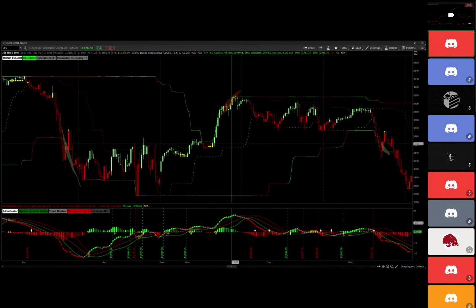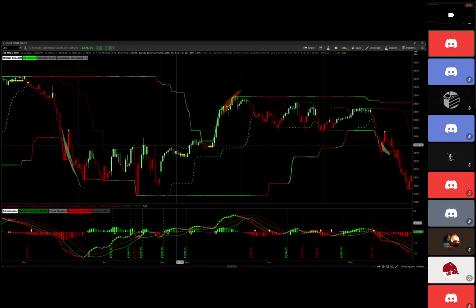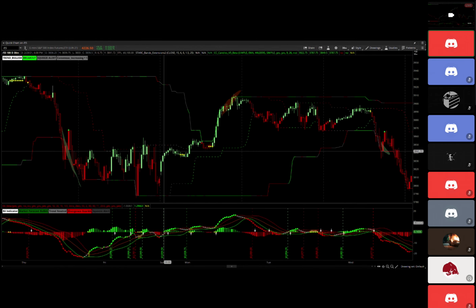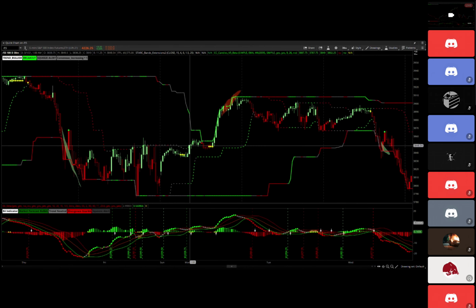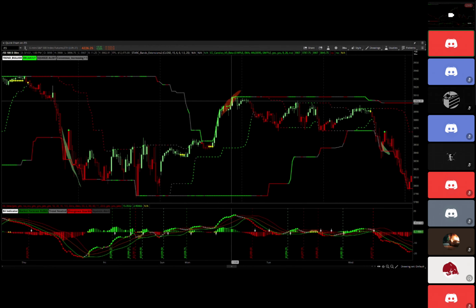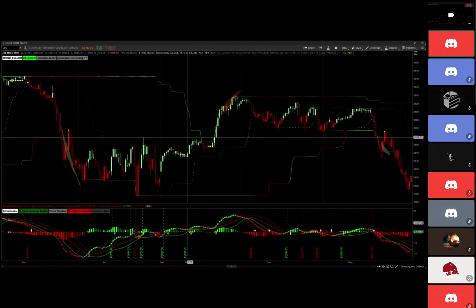So for instance, we have all this accumulation right here, a bunch of channeling back and forth in this zone, very volatile price action. And then you get your breakout. Squeeze, bucks the channel, squeeze again, and it's out. That was a nice breakout.